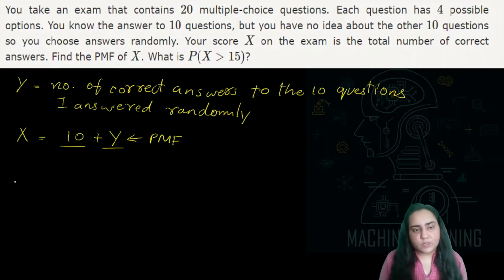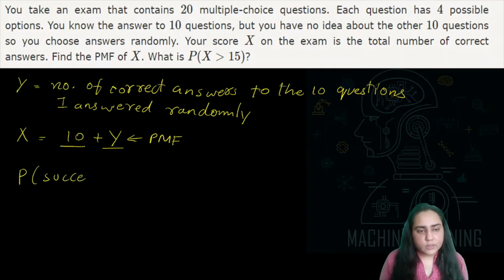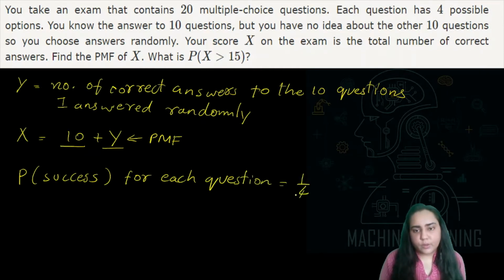Now, for each question, the probability of success will be equal to 1 by 4, because each question has 4 options and you have to select one, and one of them is correct. So the probability of success is going to be 1 by 4 for each of these.